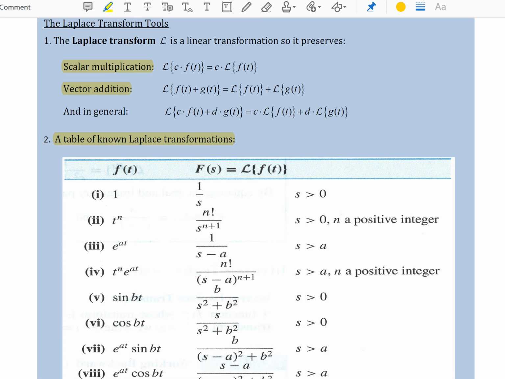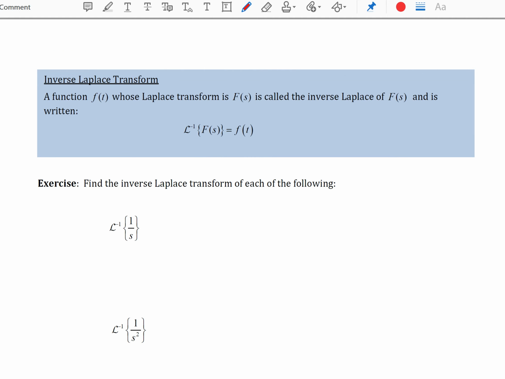Now in this video, I'd like to do the inverse Laplace transform. Given a function in your S domain, rewrite it back into your T domain. So let's get started with that.